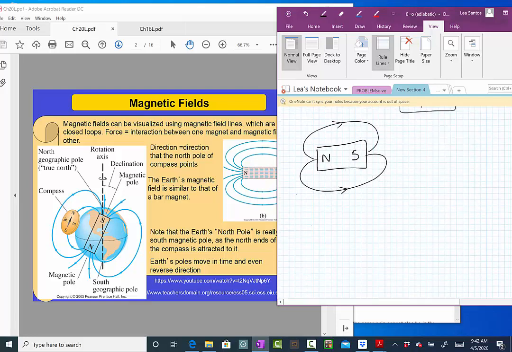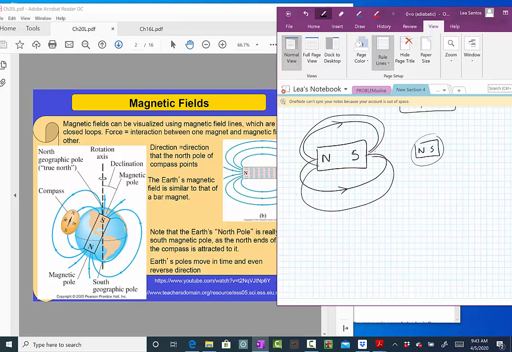Now, if I bring another magnet close to this magnet, it will feel attracted. Even though the two magnets are not touching each other, because of these magnetic fields, the other magnet that I brought close will detect this magnetic field, and this will generate a force between the two.